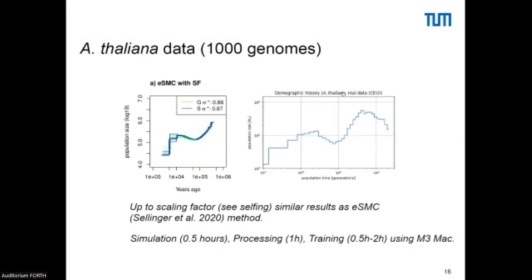And here I essentially get, in a very short amount of time, also very good demographies. And if I use the MS or the standard popsim parameters, which are very favorable in terms of recombination to mutation, then it is literally a process of 2 hours, including simulation, preprocessing, and training, to get nice demographies.